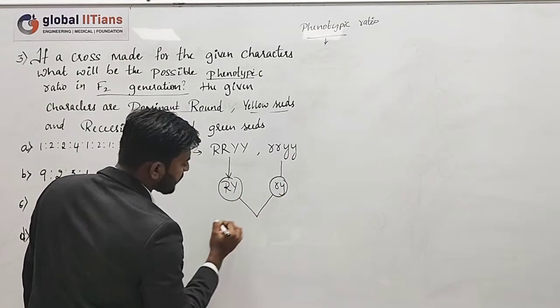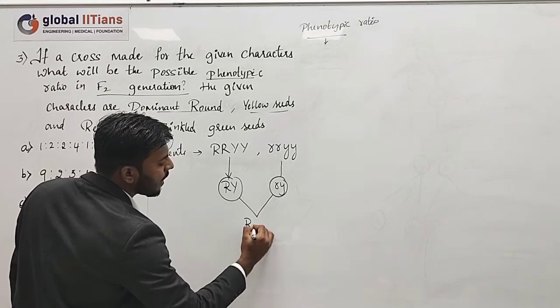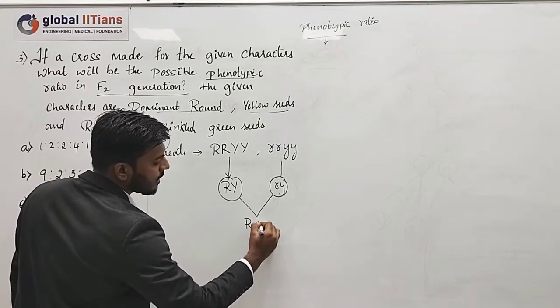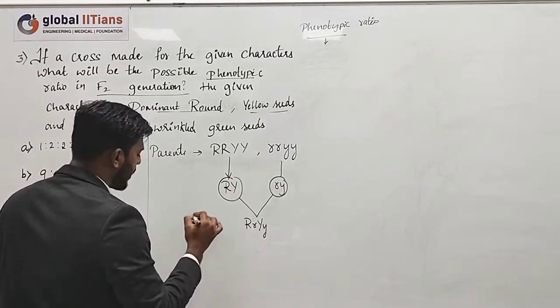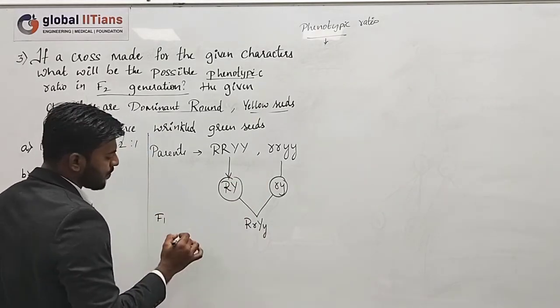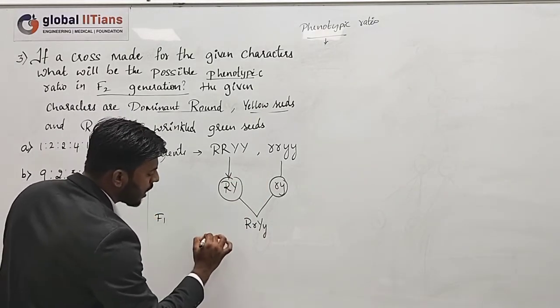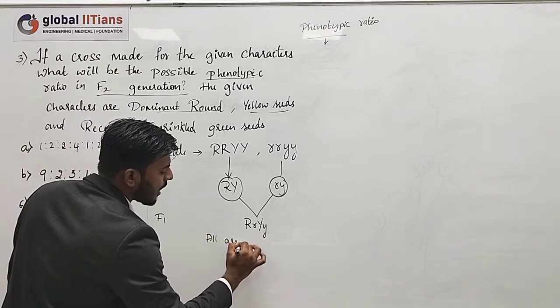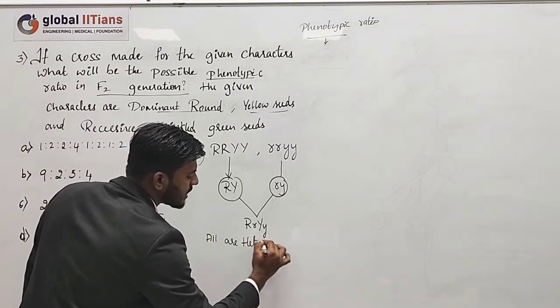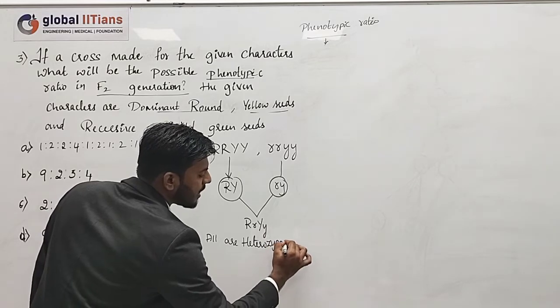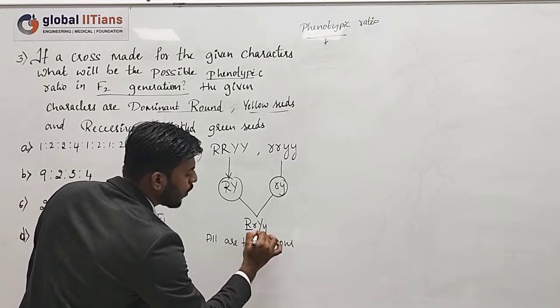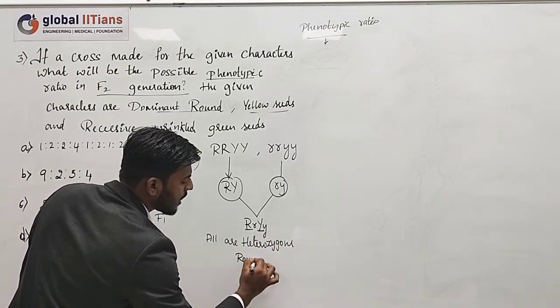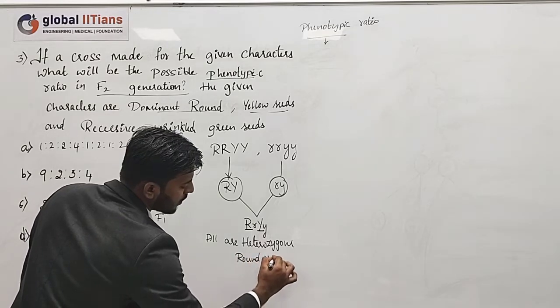Now they form the F1, that is capital R, small r, capital Y, small y. So the F1 is all heterozygous round yellow.